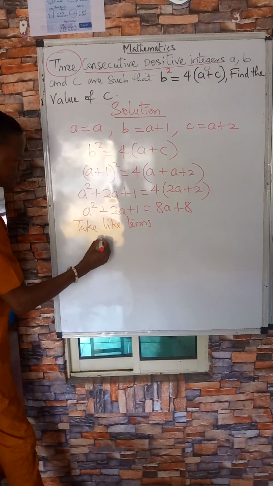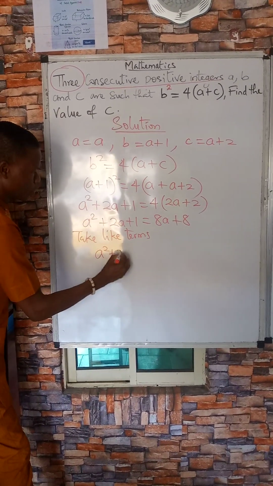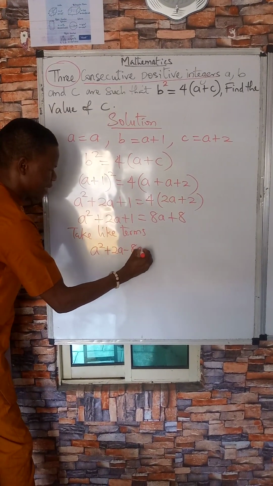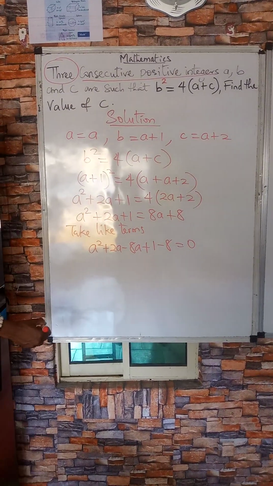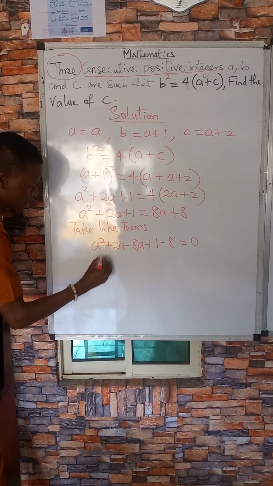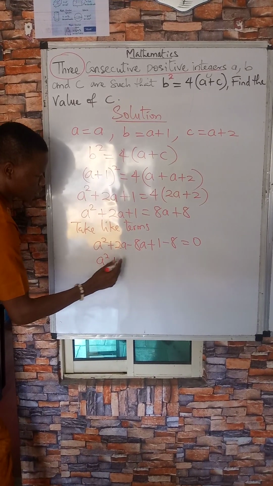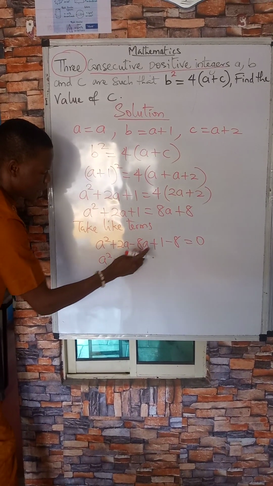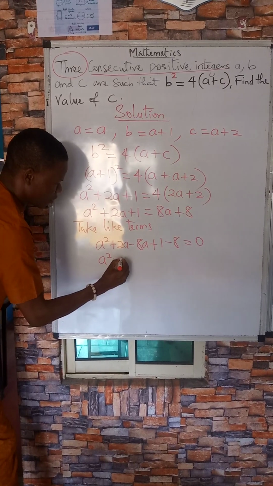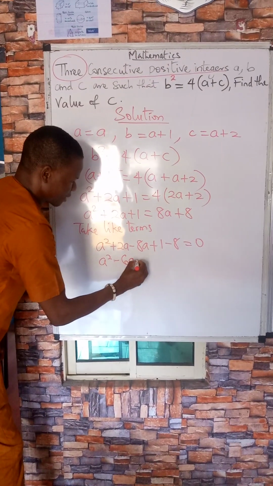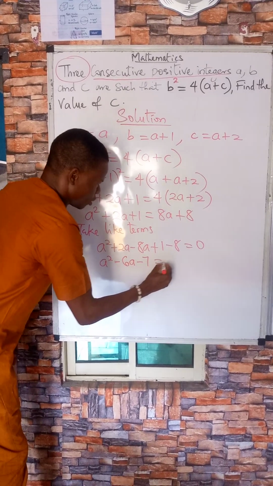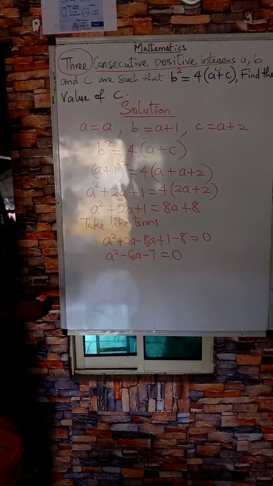In taking like terms now, we have a squared plus 2a minus 8a plus 1 minus 8 equal to 0. And so we have a squared, 2a minus 8a, that's minus 6a. Then 1 minus 8, that's minus 7 equal to 0.